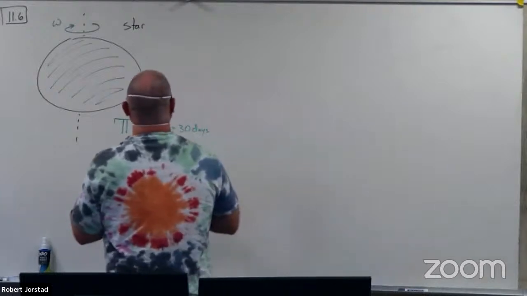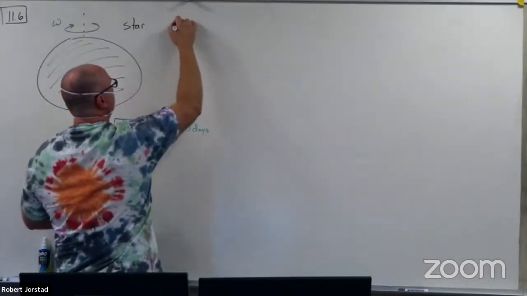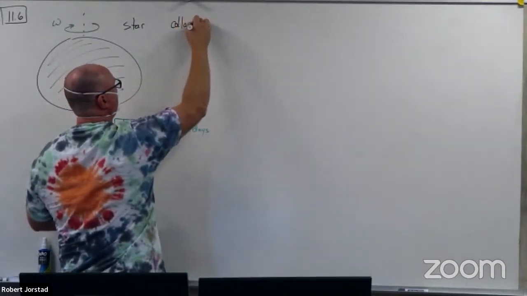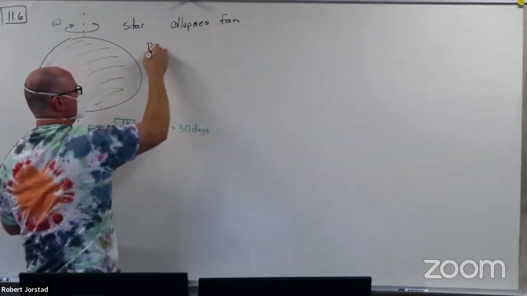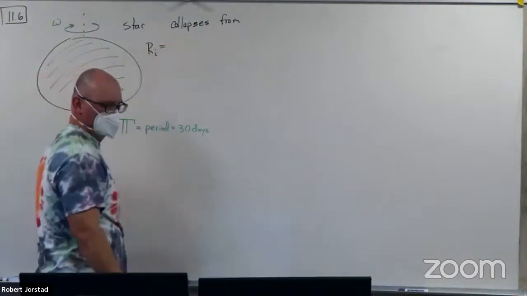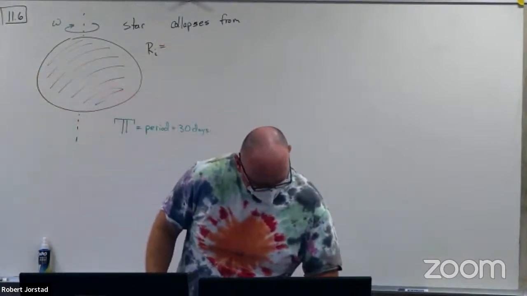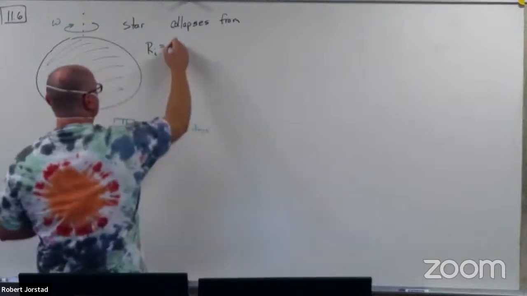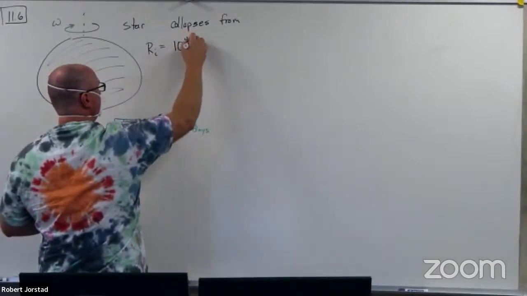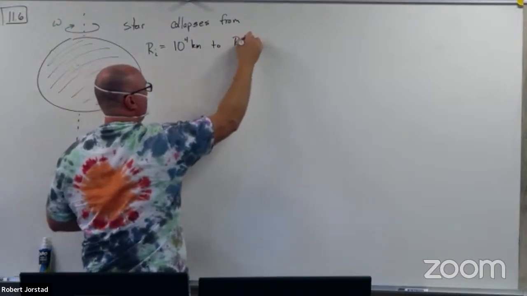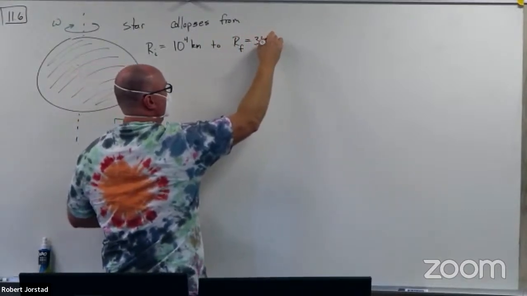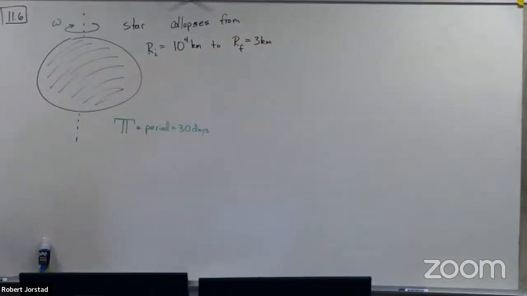We're going to have this star collapse from radius initial equals 10 to the 4th kilometers to R final equals 3 kilometers.